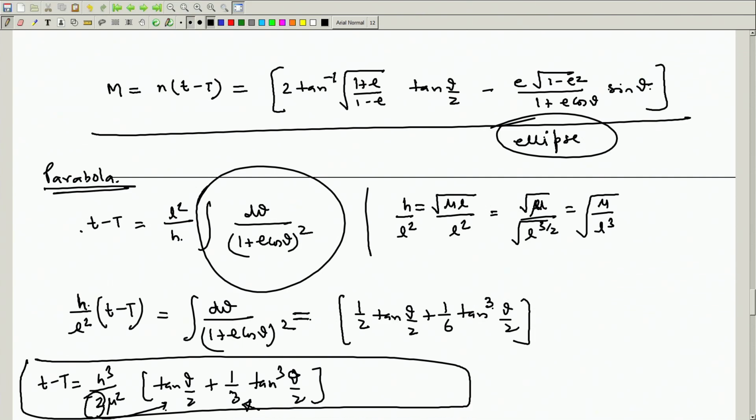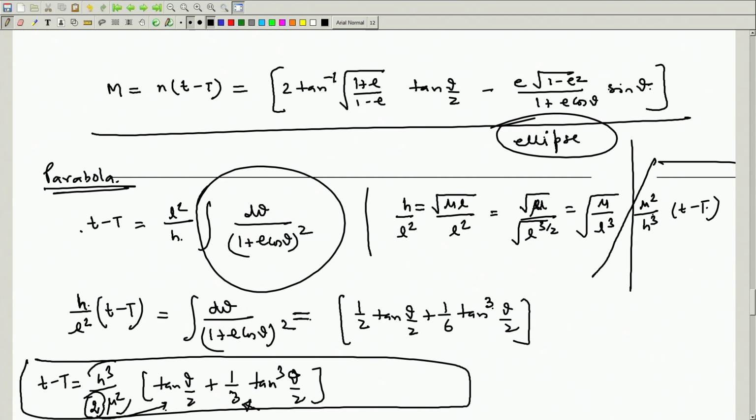Okay. This is 2 here. So, only part remaining is this thing h cube and mu square. So, if we take it on the left hand side, that becomes mu square by h cube times (t minus tau). This is the other part.